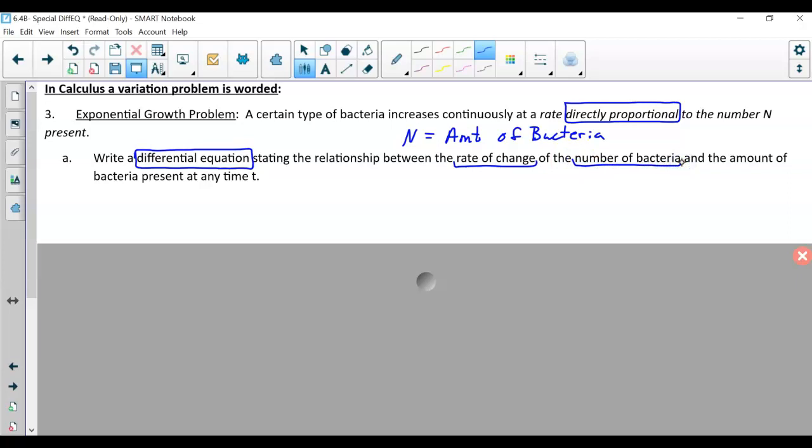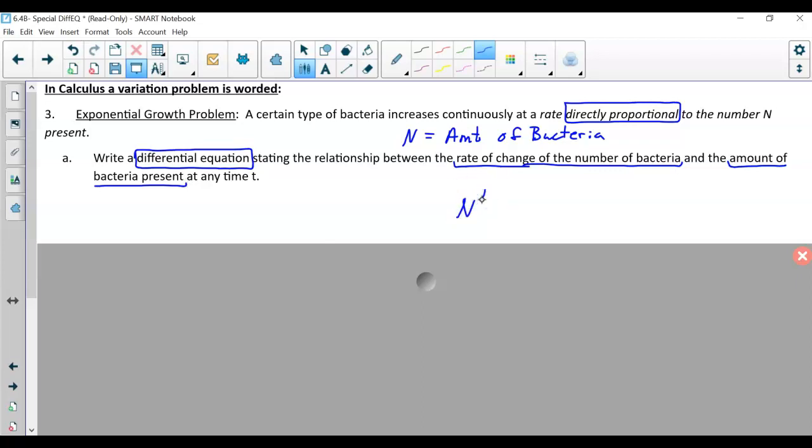Okay, the rate of change. Hold on, Trevor, back this up. I gotta get this all. This is all one part here. We're writing the rate of change of the number of bacteria, okay, and the amount of bacteria present at any time t. Well, what does that mean? Well, what is my rate of change of bacteria? That would really be, if I don't use a differential equation, n prime, wouldn't it?